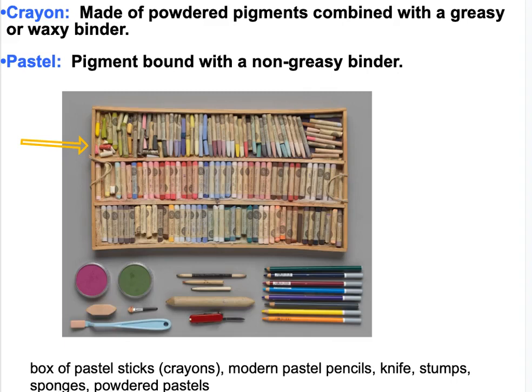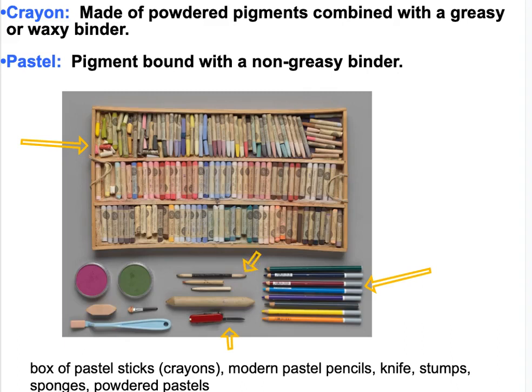Kind of confusing. And then these are modern pastel pencils. They just have that material compressed into them and made into a pencil with a wooden covering. A knife is something an artist would have on hand because they can cut that down. Either the actual stick, you can sharpen it if you need to, or if you're using a pencil like this.